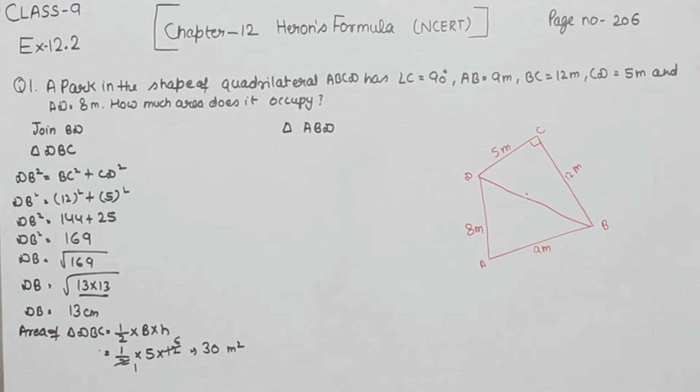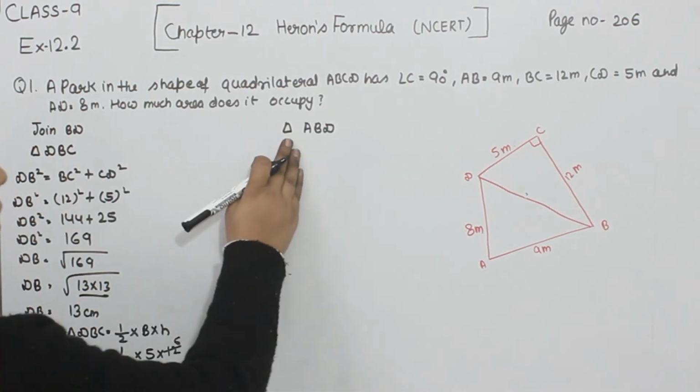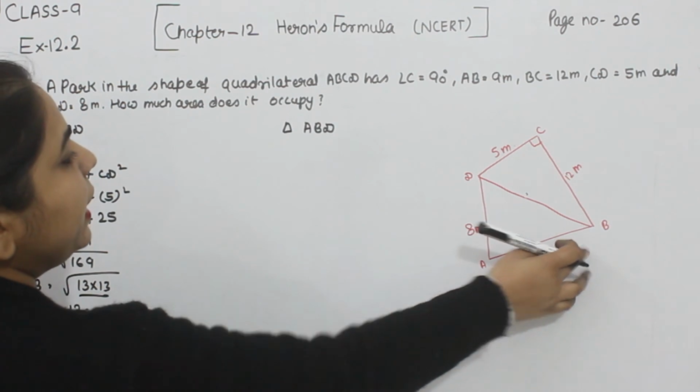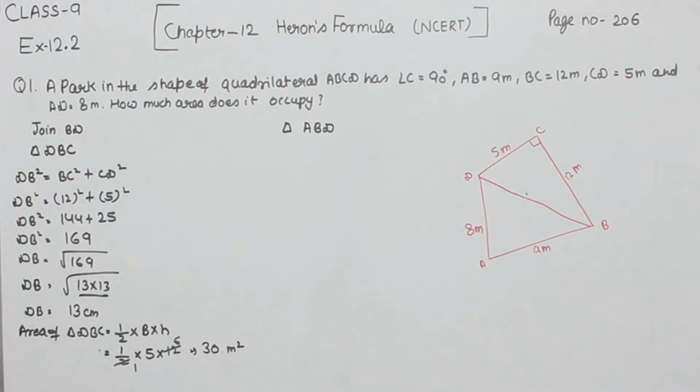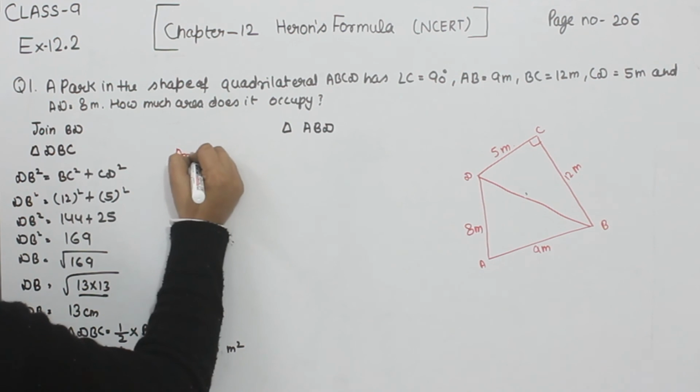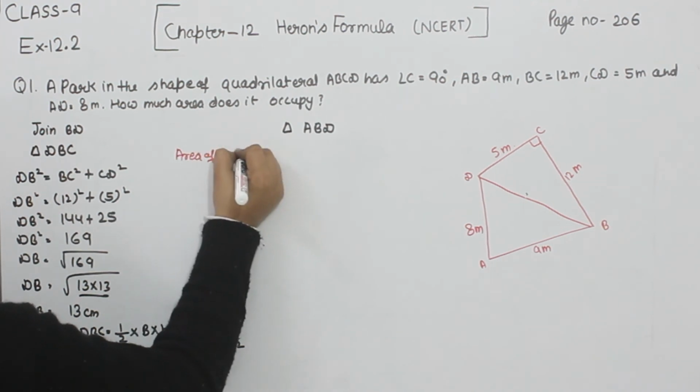Now coming to the other triangle, the triangle ABD. Now we are going to find the area of this one by Heron's formula.